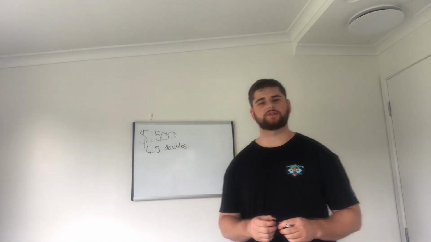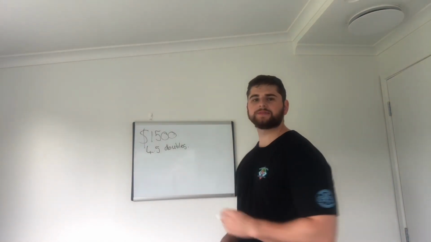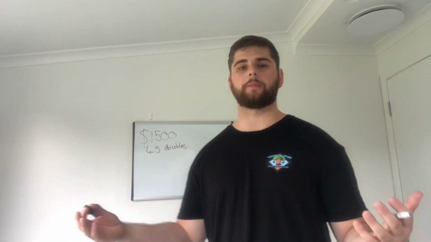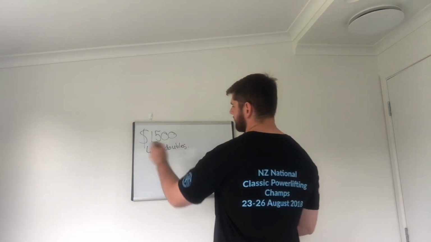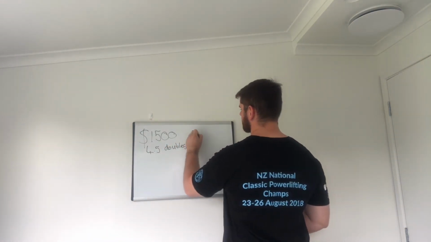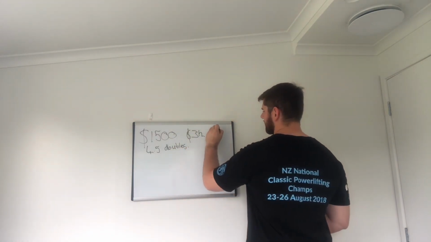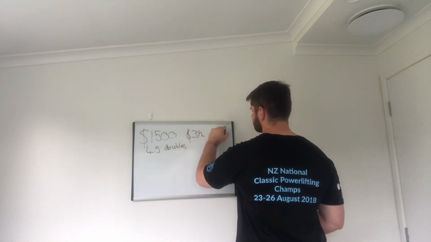Okay, so we've got $1,500, we're going to double that 4.5 times, so let's work through some of those numbers, and this is going to display the power of compounding money over time. We can turn relatively small amounts of cash into some pretty dramatic, pretty large sums of money over time. So $1,500, if we double it once, that gives us about $3,000. If we double it again, that gives us about $6,000.